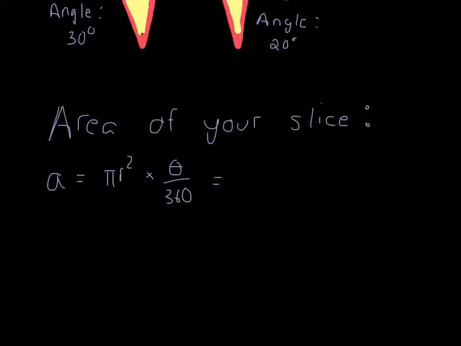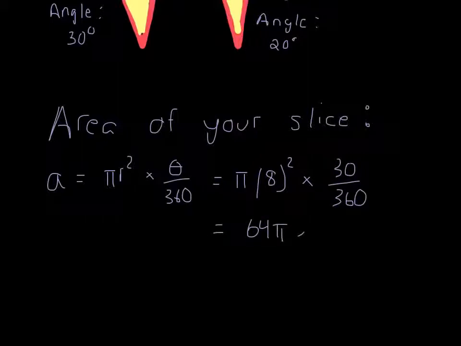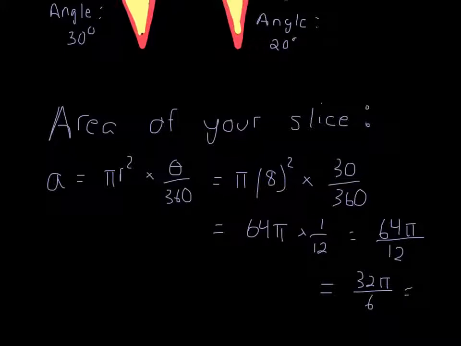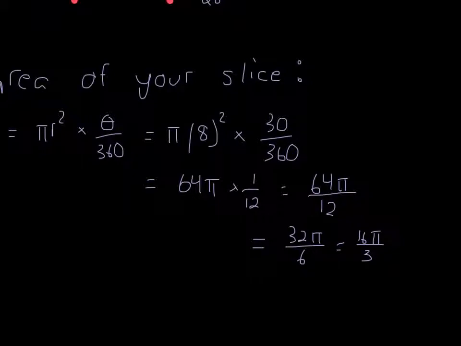The radius of your slice is 8 inches, so that's 8 squared times 30 over 360. So 64 pi times 1 over 12, which is 64 pi over 12. Simplifying, you get 32 pi over 6, which is 16 pi over 3 inches squared. Your slice of pizza has an area of 16 pi over 3 inches squared.